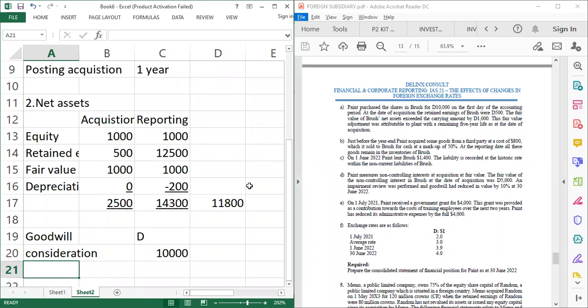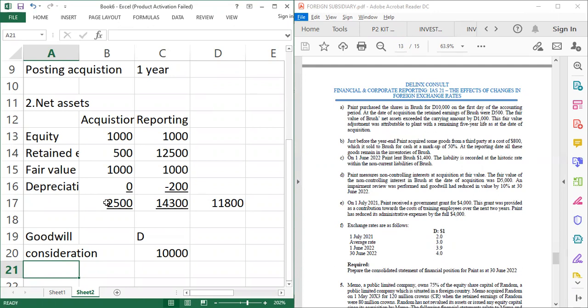No. Then this question is not correct. Look at the net asset at acquisition. What's the net asset at acquisition? 2005.